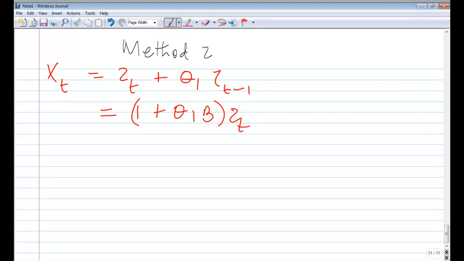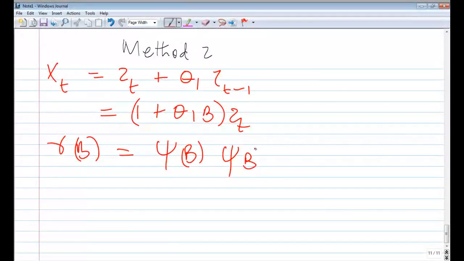Now the method number 2 that I want to introduce to you is this one. You use gamma B, which is equal to psi B, psi B inverse. Then you multiply it by sigma squared z. So this method, we call it autocovariance generating function method.